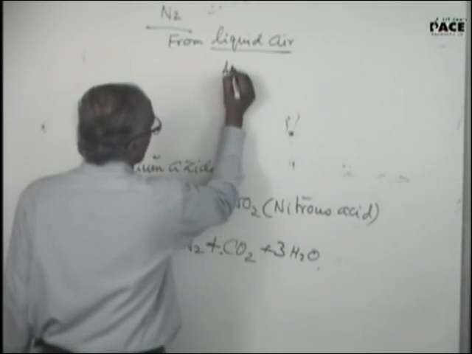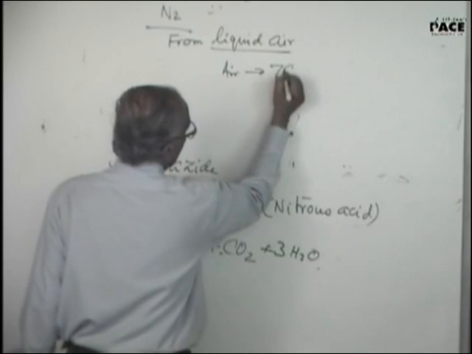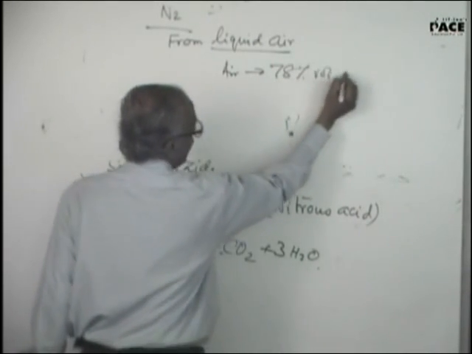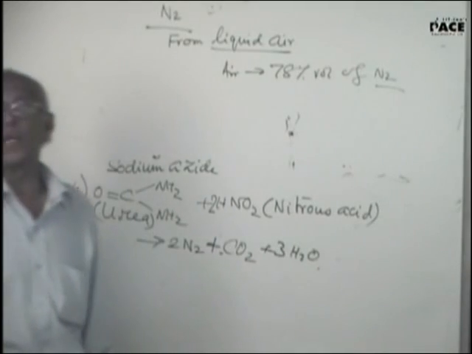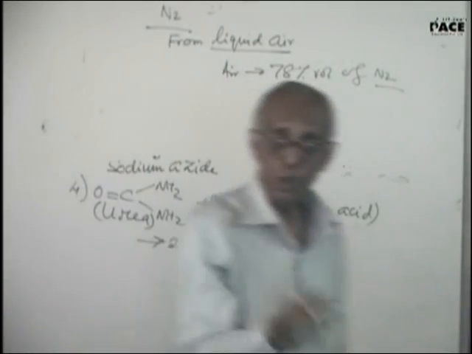Air contains about 78% by volume of nitrogen, so air is a very cheap source of nitrogen.